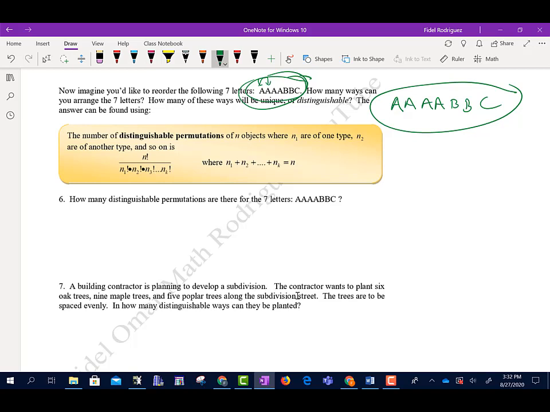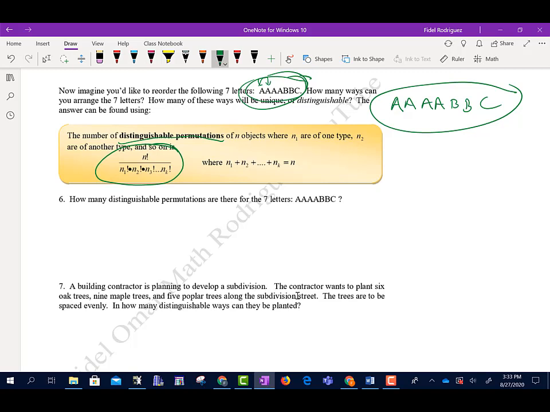So it says the number of distinguishable, which means different permutations of n objects, where n1 are of one type, n2 of another type, and so on and so forth, is given by this formula right here. Okay, so now it says, how many distinguishable permutations are there for the 7 letters of AAAABBC?